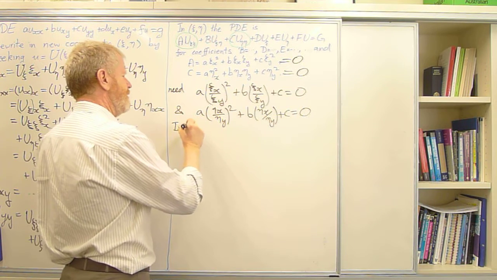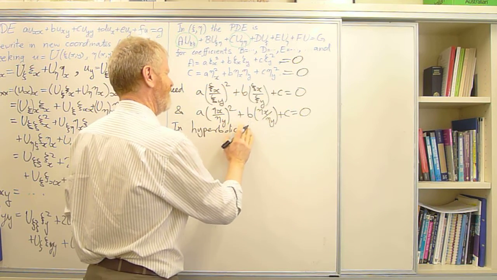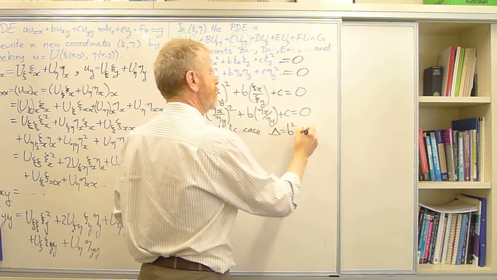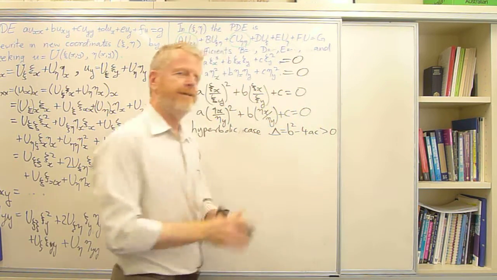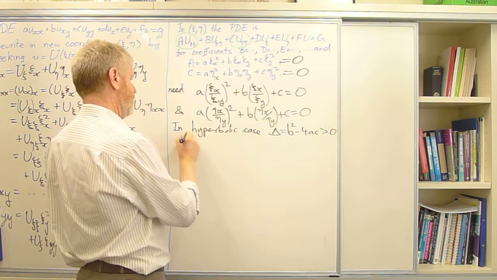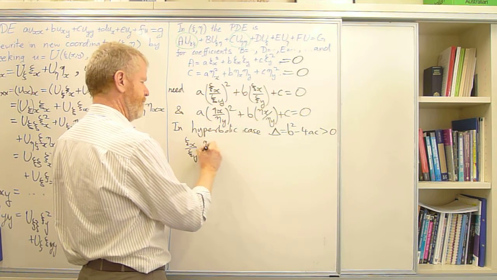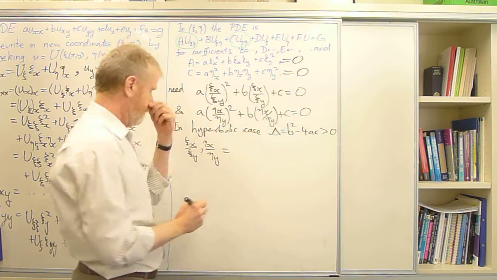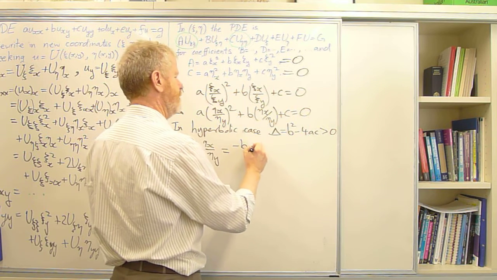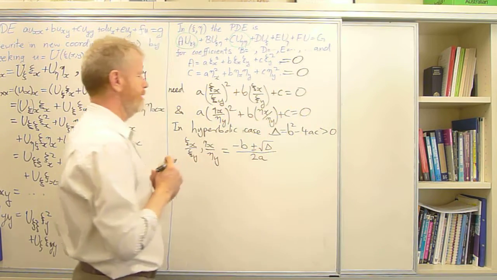So, in the hyperbolic case, when delta, which is b squared minus 4ac, is bigger than 0, the solution is real, which is what we want, and we can then say that xi x over xi y and eta x over eta y are the quadratic solutions of this, namely minus b plus or minus the square root of this discriminant over 2a.